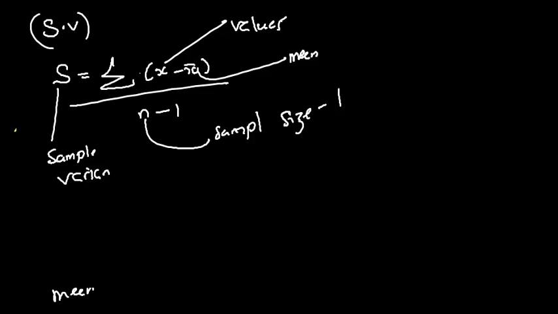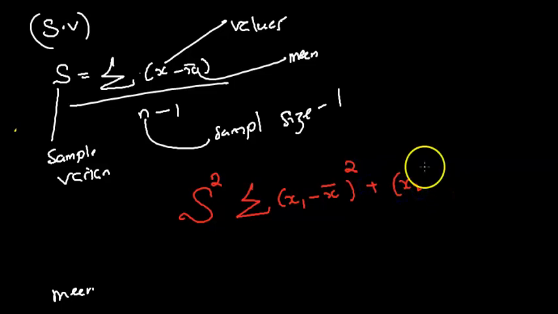In this case, we can just write it differently. Remember, most of the time it has to be squared. If we have S squared, that is the sample variance, it is simply going to be the summation of X1 minus X bar to the power of 2, plus X2 minus X bar to the power of 2, depending on the number of values we are given, up to Xn minus X bar to the power of 2.